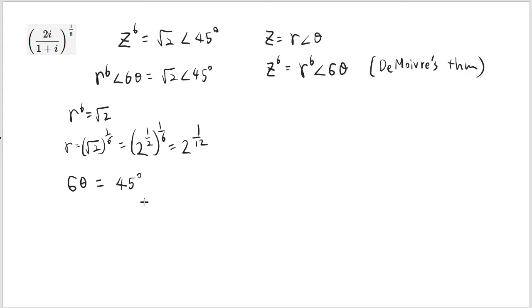So what's going on? Well, it turns out that because this angle theta is between 0 degrees and 360 degrees, if you take the sixth multiplication, it will be between 0 degrees and 6 times 360 degrees.